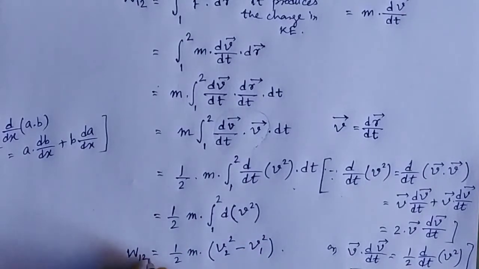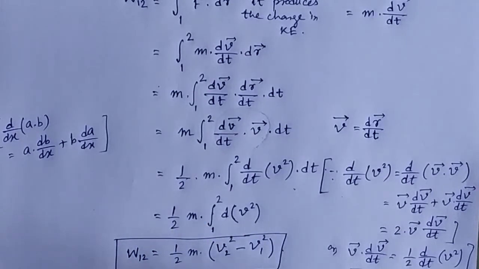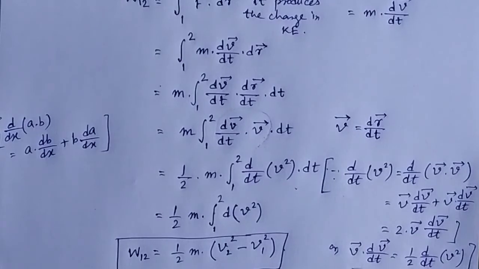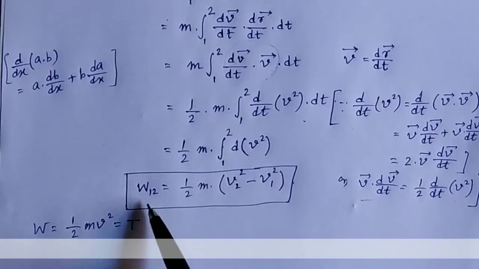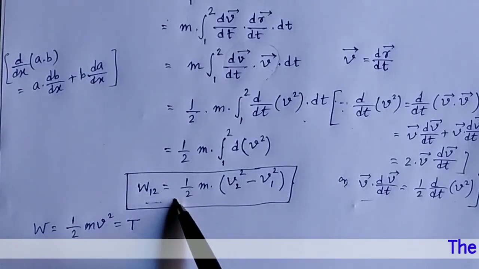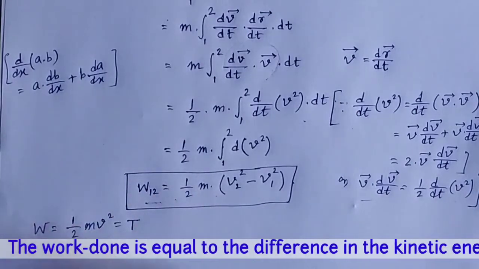This is W12. This equation is known as the work energy theorem. The scalar quantity half mv square is called the kinetic energy of the particle, where m is the mass of the particle, which implies that the work done is equal to the difference in the kinetic energies of the particle from position 1 to 2.